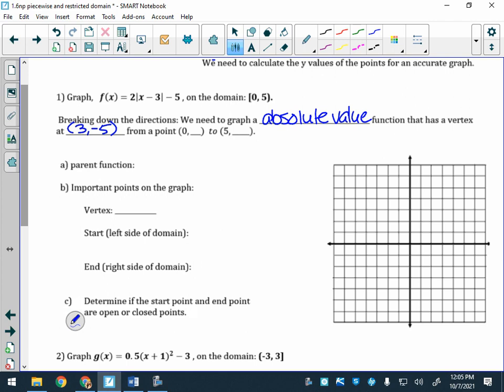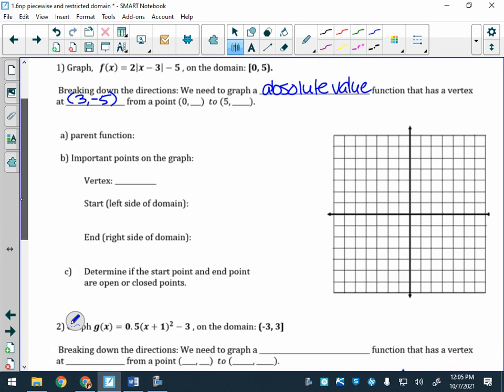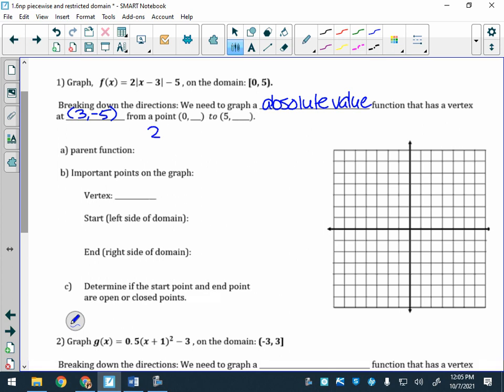But in order to find the y value, what do I have to do? Good. So we're going to plug in these x values to the equation. Okay. So we do 2 times |0 minus 3|, minus 5. Okay, what is my y value that is going to be paired with 0? 1. We end up getting 6 minus 5, which is 1.